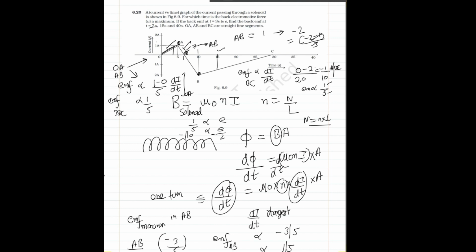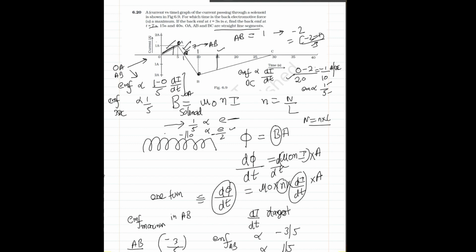Since the rate of change of current is half of AB, the EMF produced in the section BC will be half of what is produced in AB. So you can write it as E by 2 directly also. I hope this is making sense to you, that a lot of dependence is on the di by dt value. Otherwise the question is very straightforward.